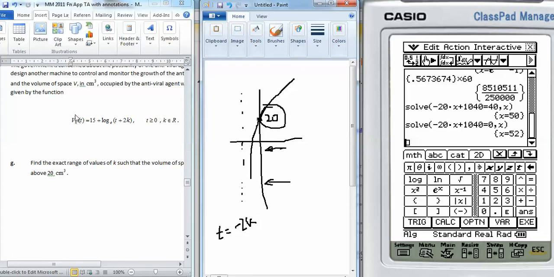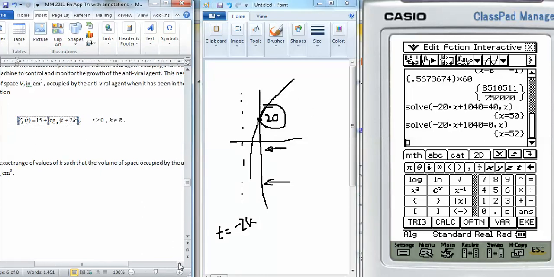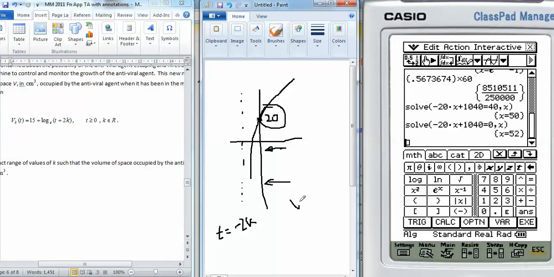Now, it must have some sort of sideways translation so that we can guarantee that that is 20 or greater. For it to be a positive logarithm, it's going to have this shape to it. Therefore, the y-intercept has to be 20 or greater. Now just check the wording here. Is it above? Stays above. So the y-intercept has to be greater than 20. And the y-intercept will happen when t equals 0.